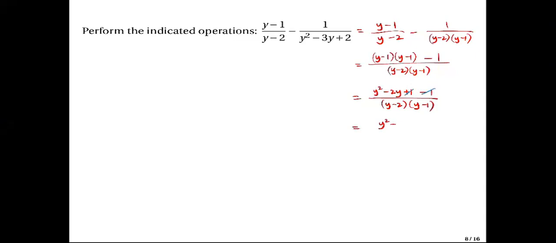It's y squared minus 2y. Denominator, you have y minus 2 times y minus 1. And then you can factor out y in the numerator. So you'll just have y times y minus 2 over y minus 2 times y minus 1. And again, you can cancel y minus 2. And we'll be left with y over y minus 1. So this is the final expression.